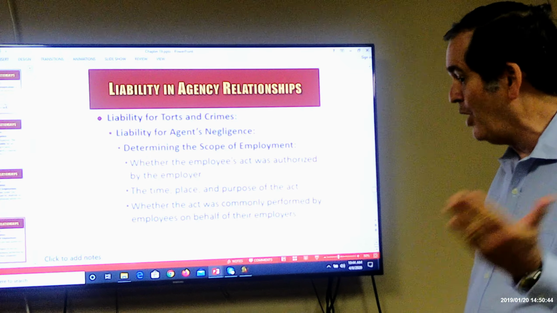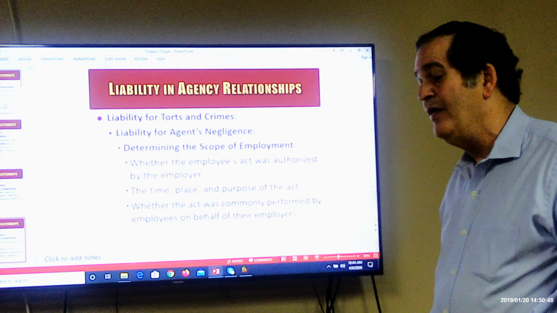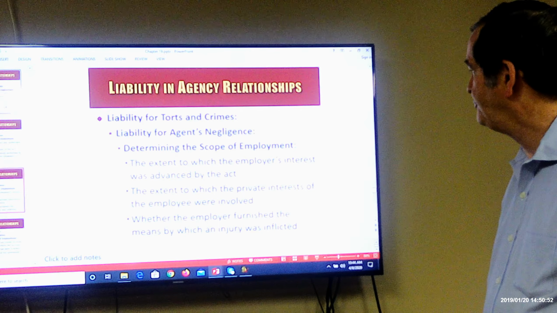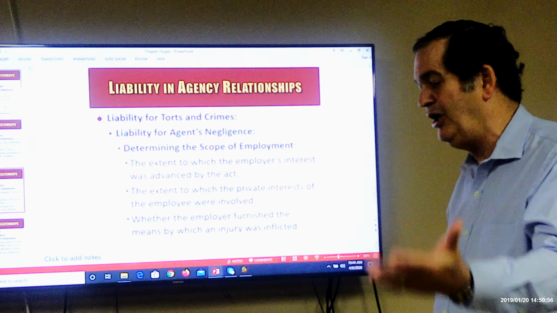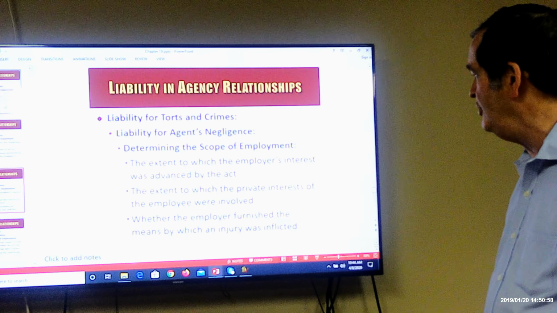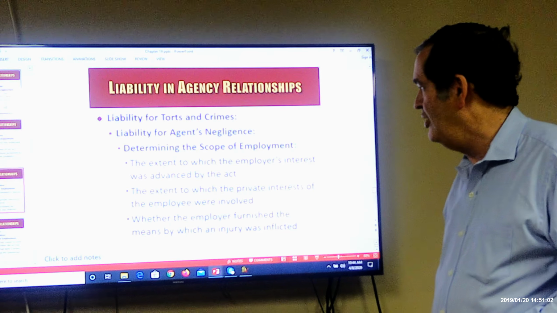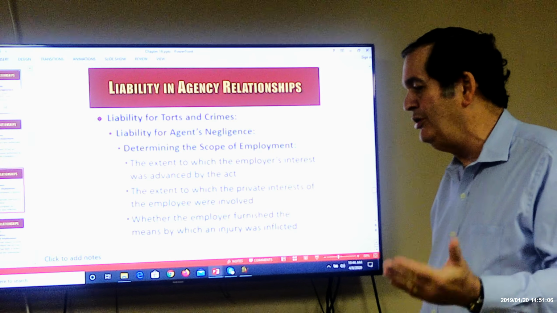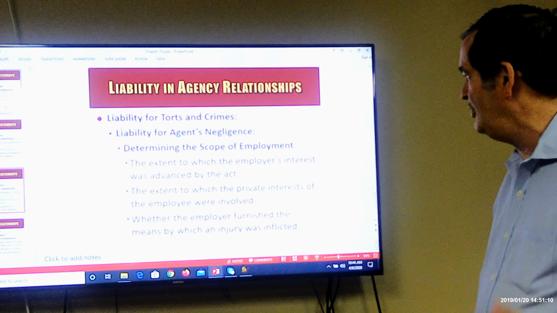Going to the girlfriend's probably would not be. And it's commonly performed by that type of employee. The employer's interest was advanced because the employee obviously has to have lunch. The private interests of the employee were not really involved like they would be if they went to the girlfriend's house.